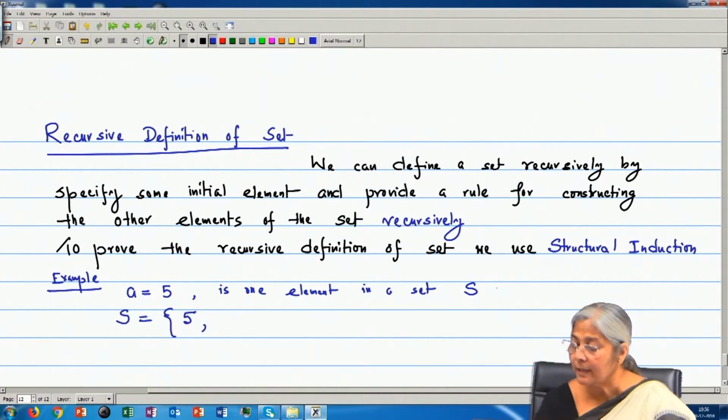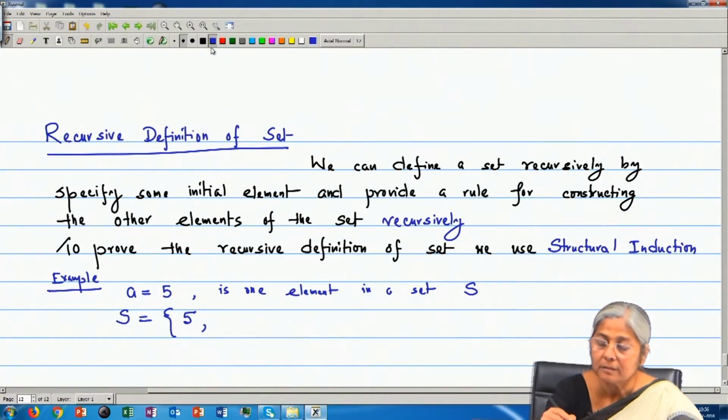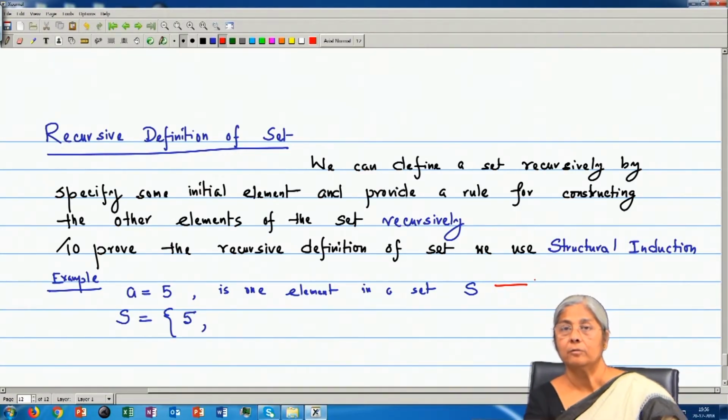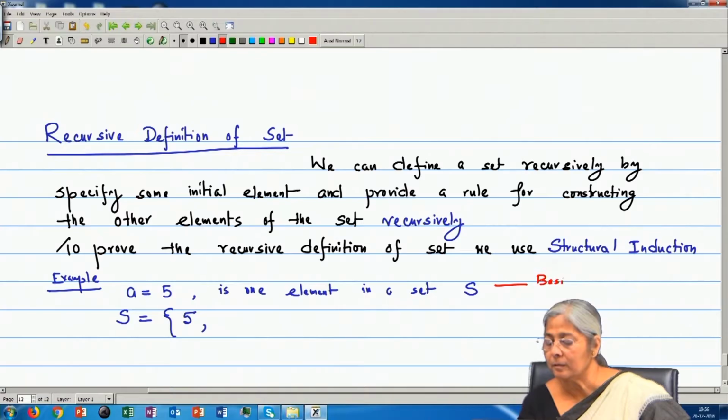We can think of this as the basis step, as in mathematical induction.